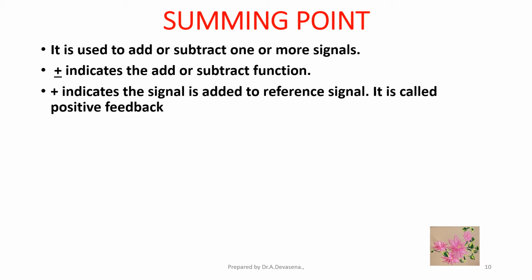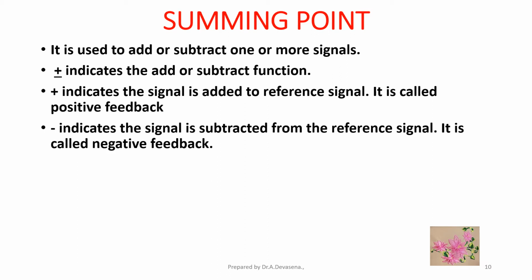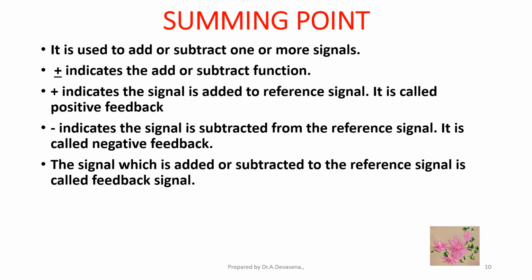It is called positive feedback. Minus indicates the signal is subtracted from the reference signal. It is called negative feedback. The signal which is added or subtracted to the reference signal is called the feedback signal.